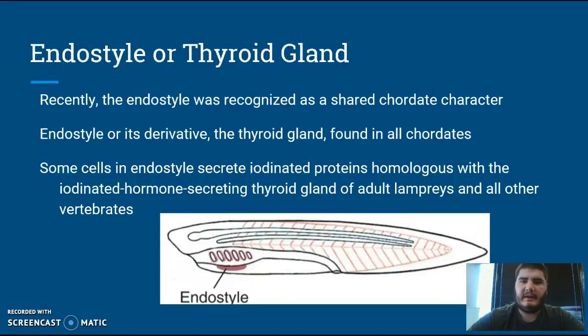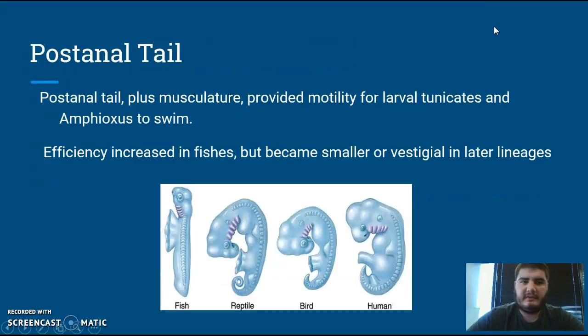Recently, the endostyle was recognized as a shared chordate characteristic. The endostyle, from which the thyroid gland is derived, is found in all chordates. Some cells in the endostyle secrete iodinated proteins homologous with the iodinated hormone secreted by the thyroid gland of adult lampreys and other vertebrates.